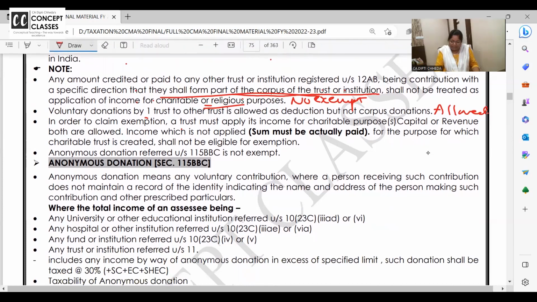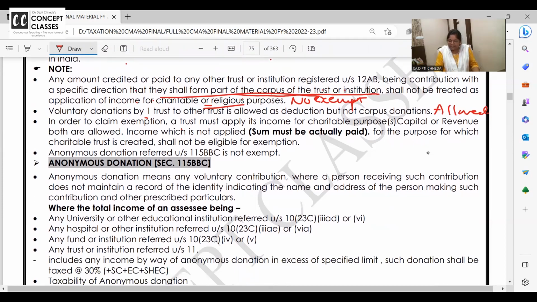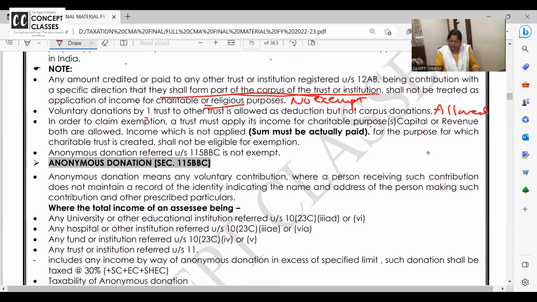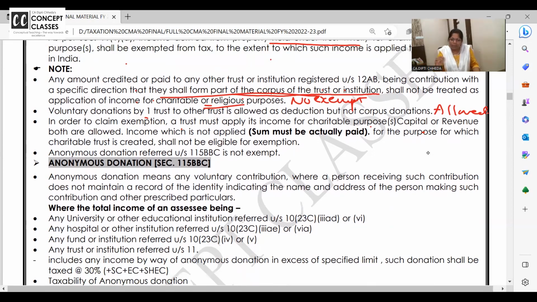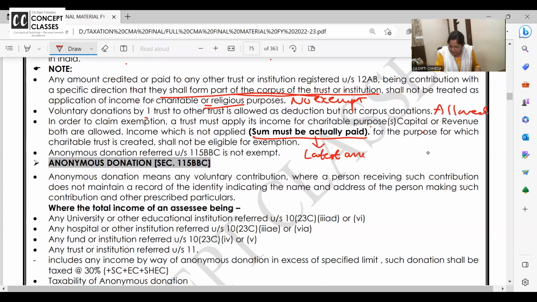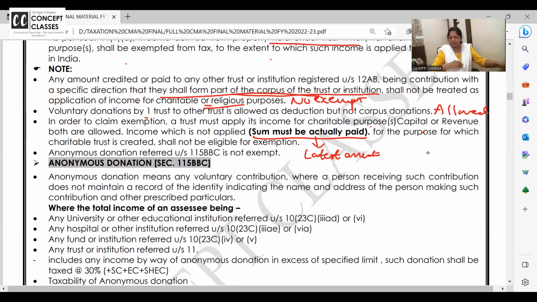And in order to claim exemption, the trust must apply its income for charitable purposes. Anything, capital or revenue, but actually you will have to pay it. This is an amendment from this year, very important. You can write it as latest amendment.